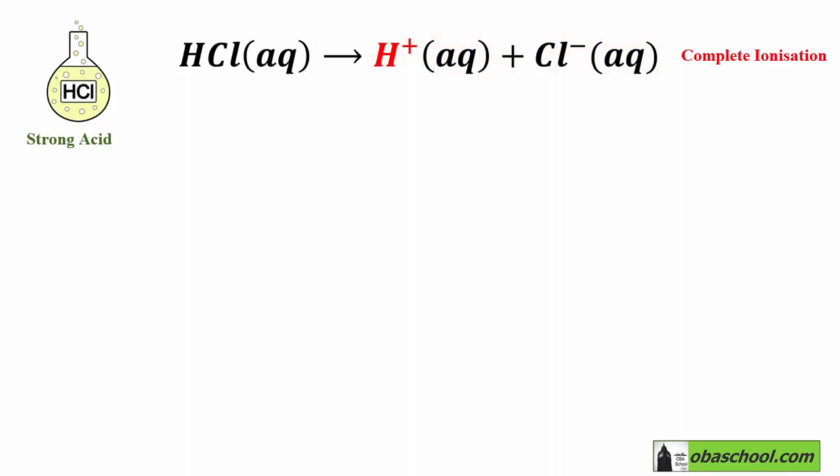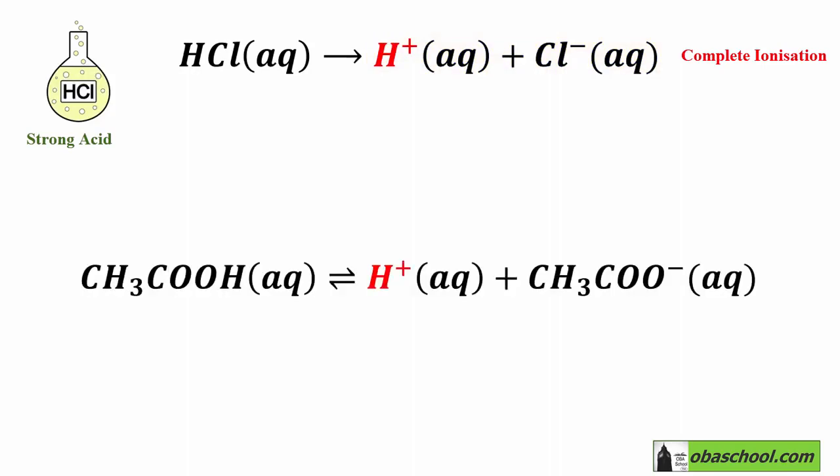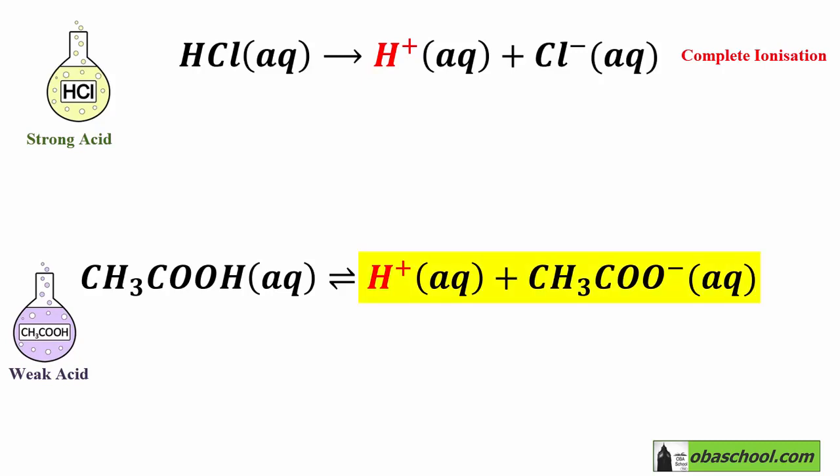However, if we examine the reaction of dissociation of ethanoic acid, we will find that ethanoic acid will produce ethanoate ions, CH3COO- ions, and H+ ions. However, this isn't a complete reaction. So a position of equilibrium is reached when both molecules, ethanoic acid and ethanoate ions, are present.